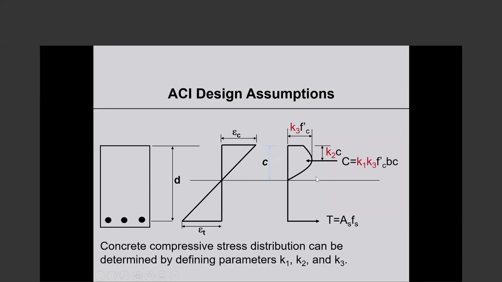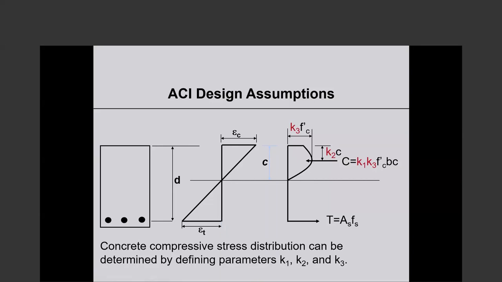What is uniform, or we can think that this can be translated into a uniform stress distribution over the compression zone, where the uniform stress is k1 times this k3 f'c. Okay, so the peak value of the stress is k3 f'c.